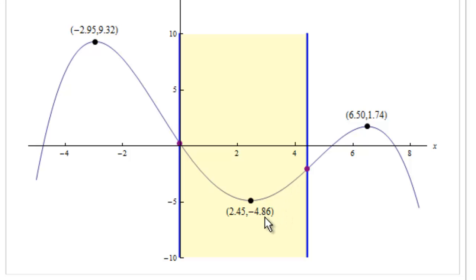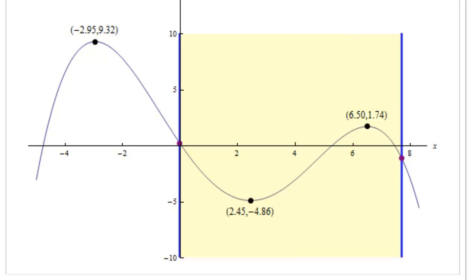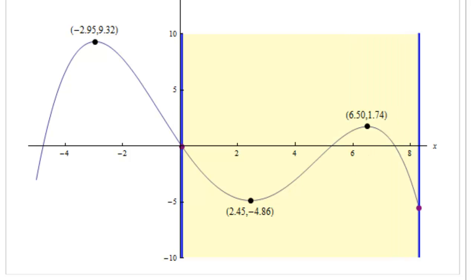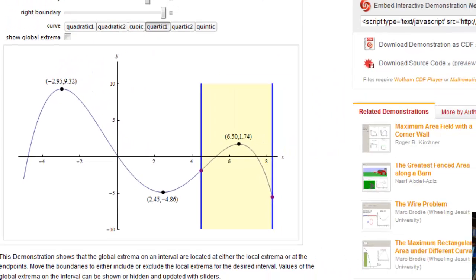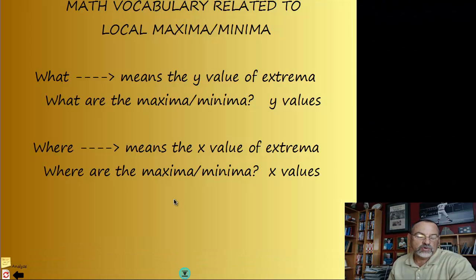Negative 4.86. Where is the minimum? It's at x equals 2.45. So it's very important that we understand what we're talking about when we're talking about what and where. Here for this maximum, what is the maximum? 1.74. Where is this maximum? At 6.5, the x value. So that's maximum and minimum, local max, local min, and boundedness.